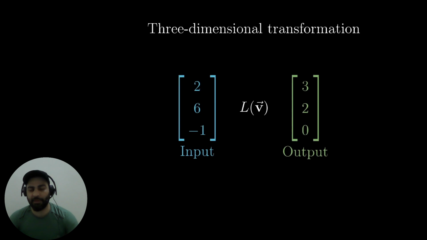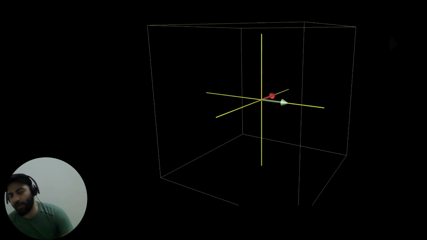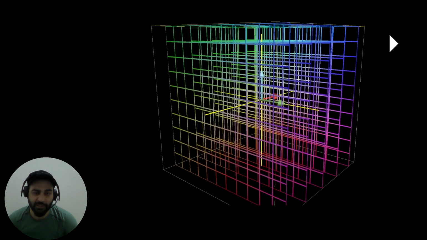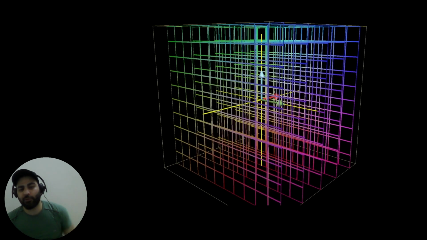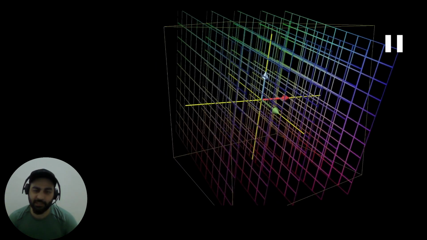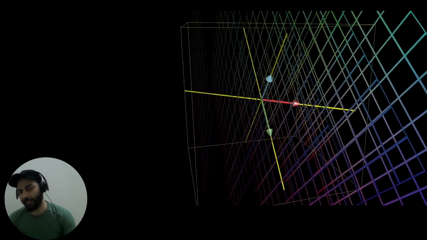And now this is a 3D plane. We have x-axis and we have y-axis and we have z-axis. So these are the three, i hat, j hat, and k hat, we call them. The basis, basically basis of 3D. So this is a 3D plane made out of these grid lines. So the transformation will happen to all of this 3D if you see it. So this is the linear transformation. This is how it will look visually in 3D.